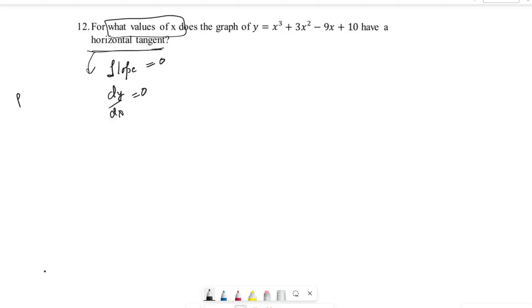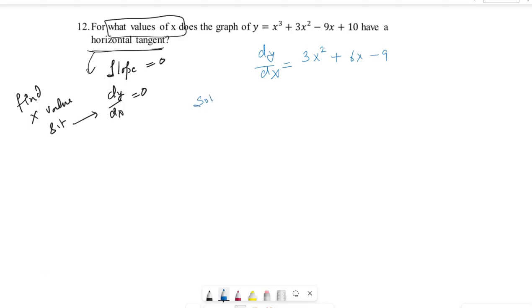So we need to find x values such that the derivative is 0. For that, first we need to find the derivative. So let's find dy by dx using our power rule and other rules: 3x squared plus 6x minus 9.